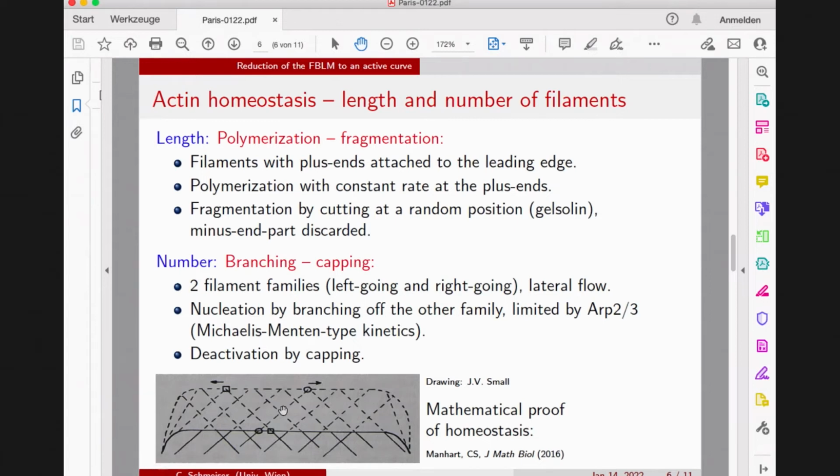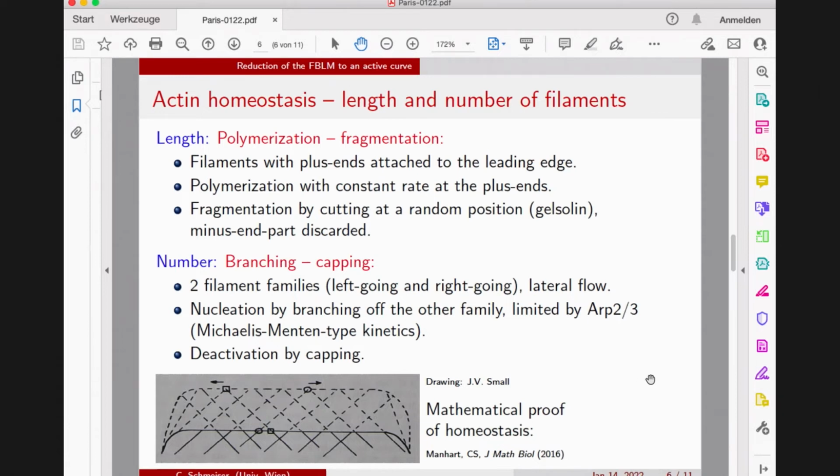And actually, just this submodel gives rise to some interesting mathematics. The model becomes a hyperbolic system with nonlinear reaction terms, and there is a separate publication of this together with my former student Angelika Manhart, where we have analyzed this submodel and shown that we get convergence to steady states.